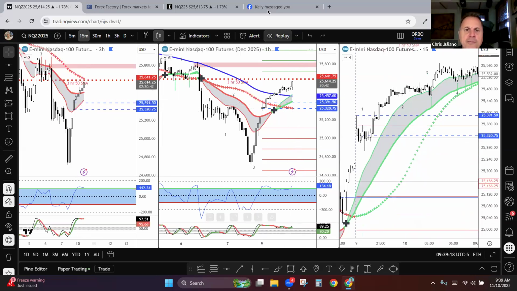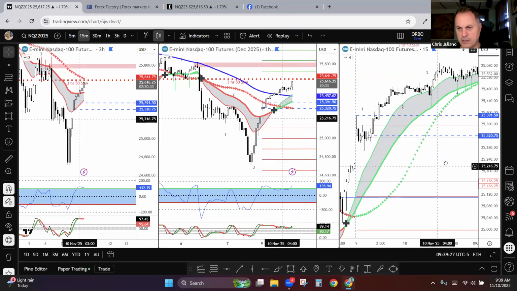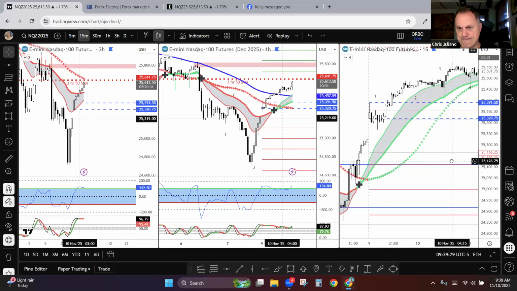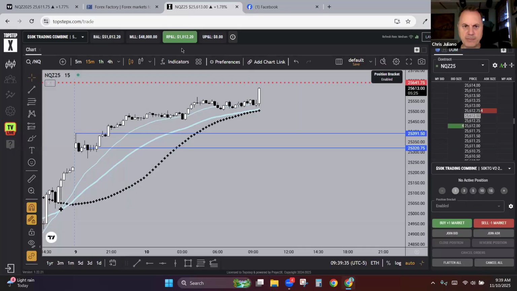But really nice move on the opening range. I'm telling you guys, Sundays at 6 p.m. Eastern. Take a look at that opening range. It worked out very nicely for me. Little over $1,000.